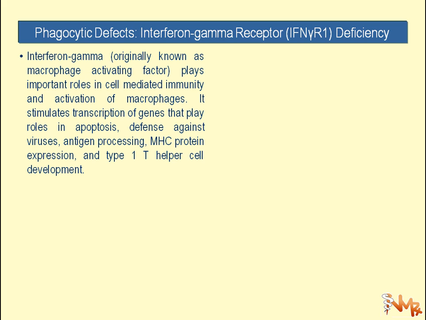Interferon gamma originally was known as macrophage activating factor, and it plays an important role in cell-mediated immunity and activation of the macrophages. It stimulates transcription of genes that play roles in apoptosis, defense against viruses, MHC protein expression, and type 1 T helper cell development.